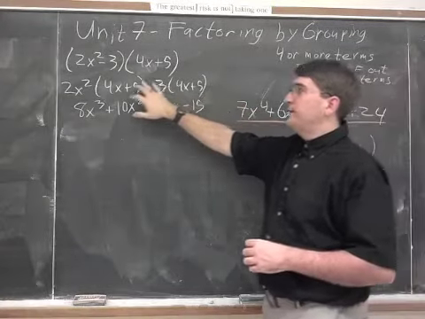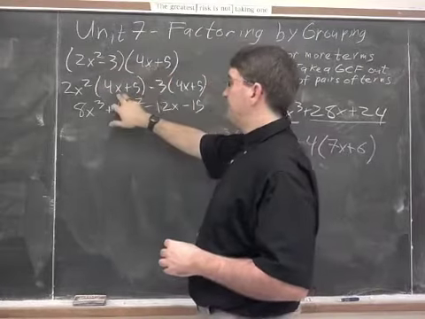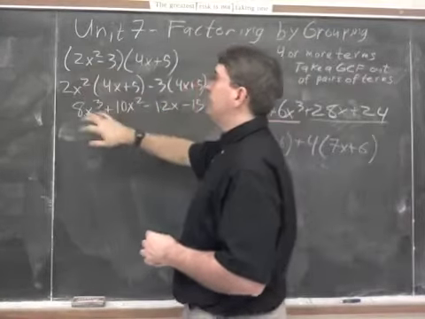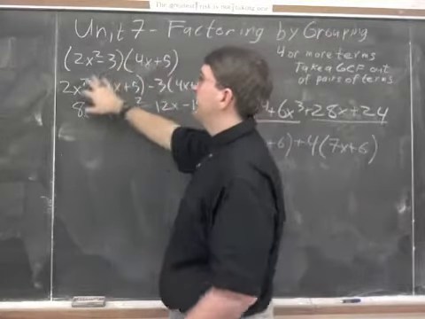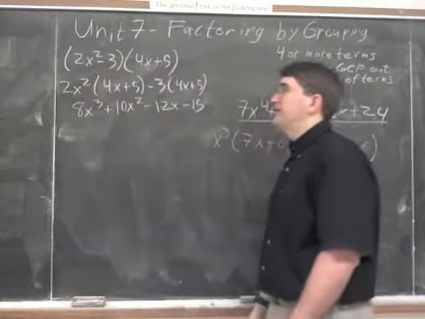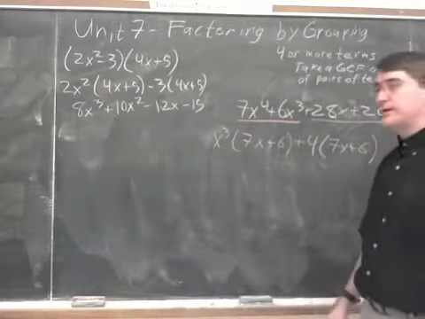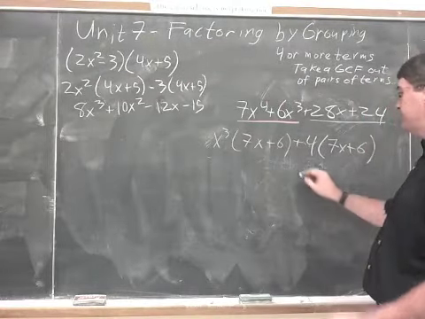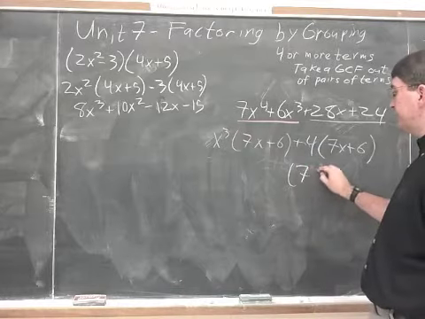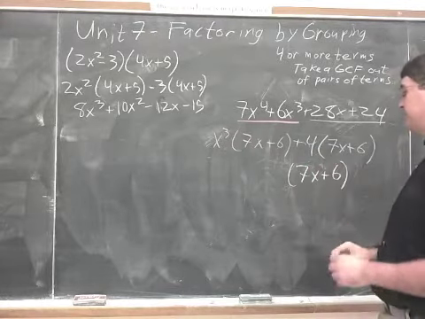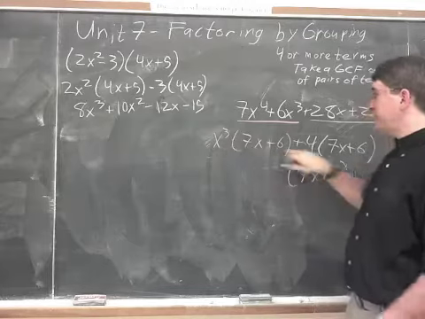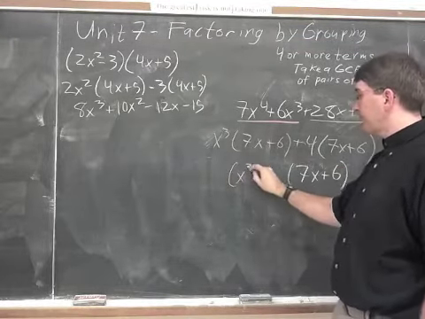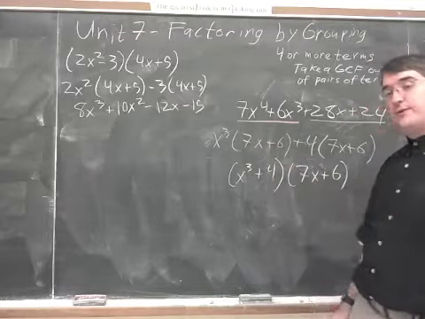Here, we had the common binomial term of 4x plus 5 and 4x plus 5 that we were able to pull out, and show that we have the 2x squared minus 3. We're going to do the same thing here. Because that 7x plus 6 and 7x plus 6 is a common binomial term, we can get 7x plus 6 as a common term, and that means that the x to the third plus 4, that must have been the other binomial.